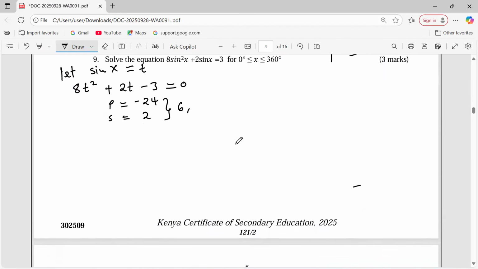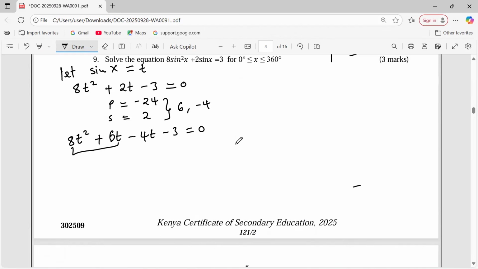What about 6 and negative 4? Added, positive 2; multiplied, negative 24, yeah. So 8t squared plus, instead of 2t, now we can have 6t minus 4t minus 3 equals 0.